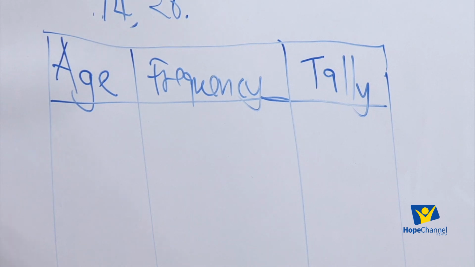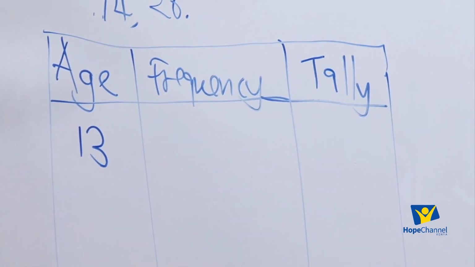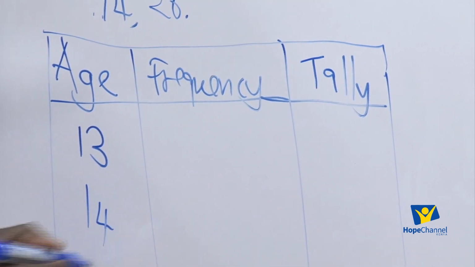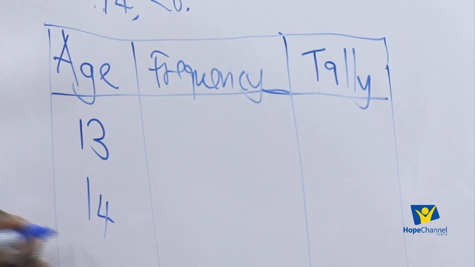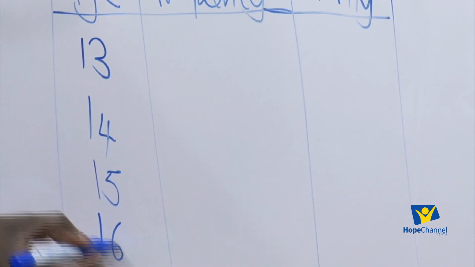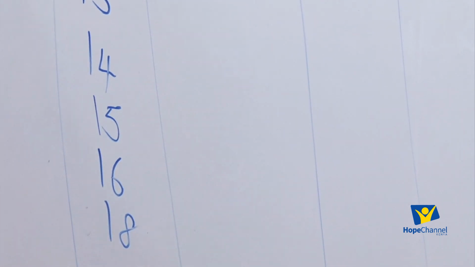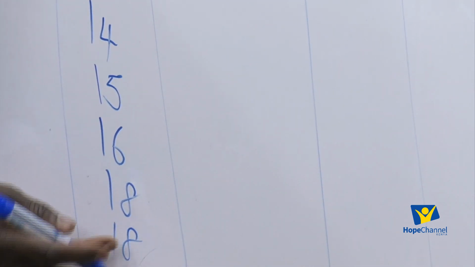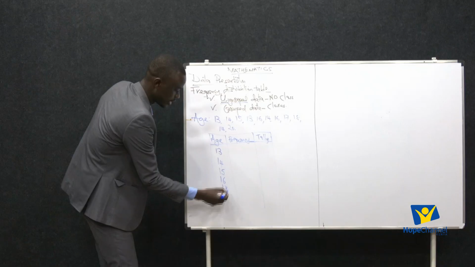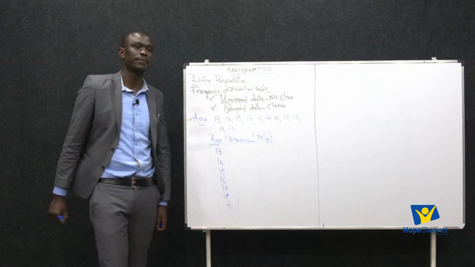So the first observation I have here is 13, followed by 14, followed by 15, then 16, 17, 18, and 20.